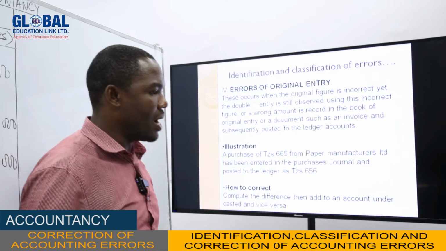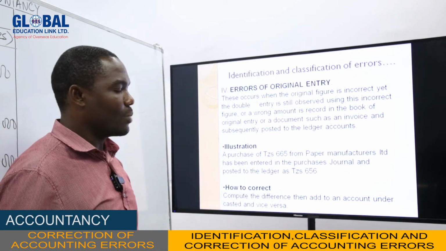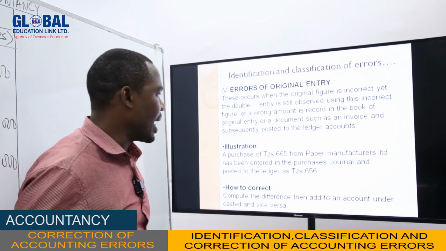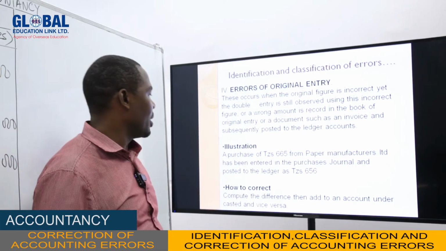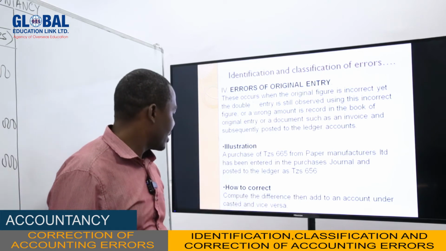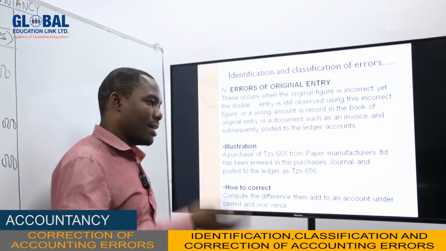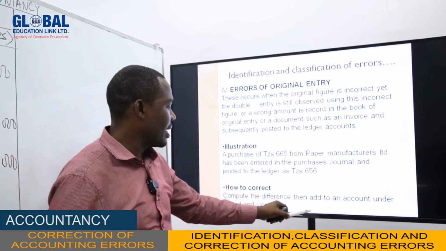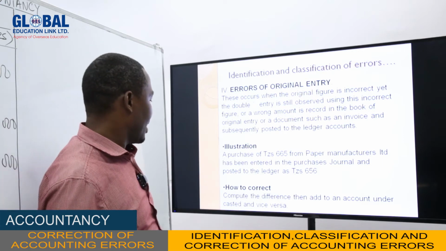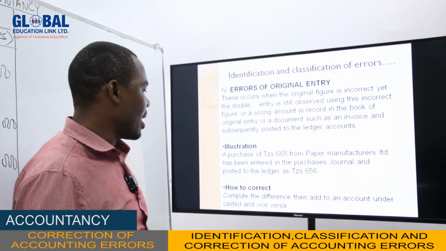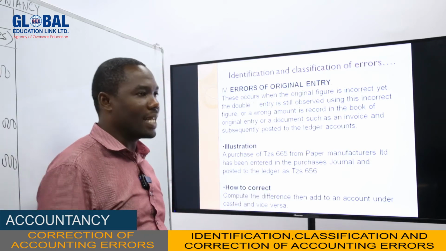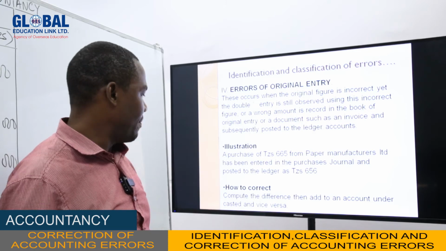Whenever you post a wrong amount in both two corresponding accounts that completes the double entry, then that error will constitute errors of original entry. So normally these errors are corrected by computing the difference and adding to the account that is understated, and vice versa. If one account is understated, you add the difference. And for the account that is overstated, you deduct the difference.